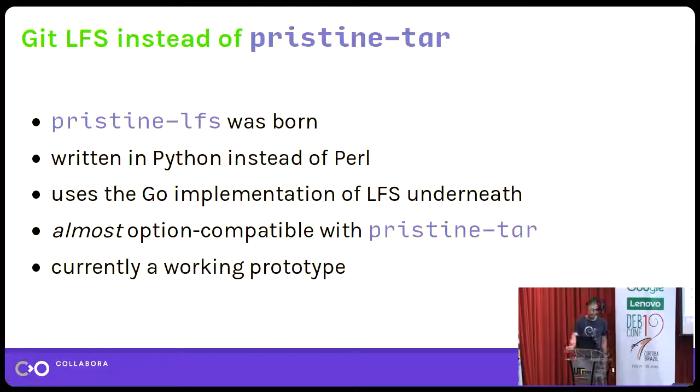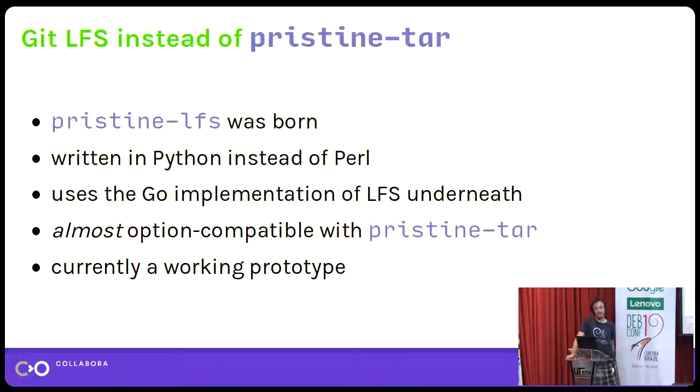So I've written a tool called Pristine LFS, which has exactly the same interface as pristine tar. It's written in Python and not in Perl because I prefer Python to Perl. Underneath, at the moment, it uses the Go implementation of Git LFS.